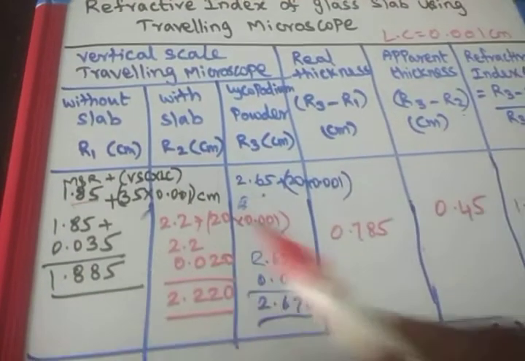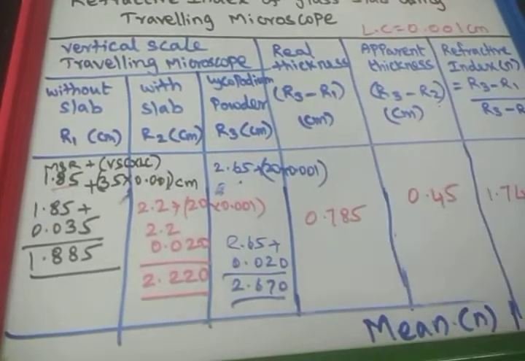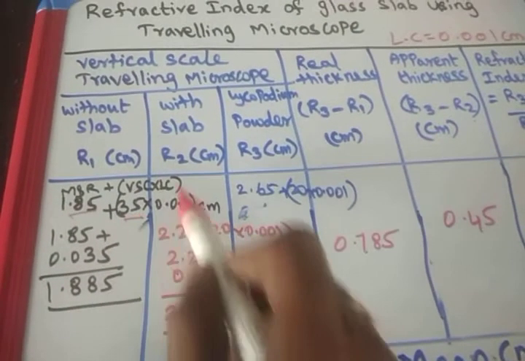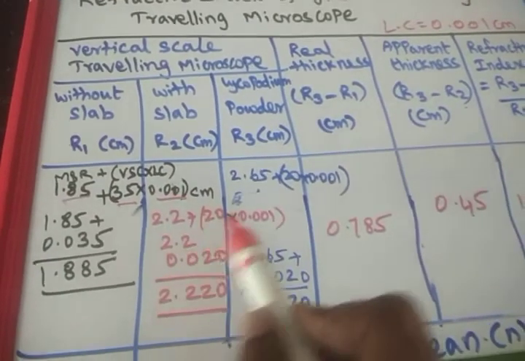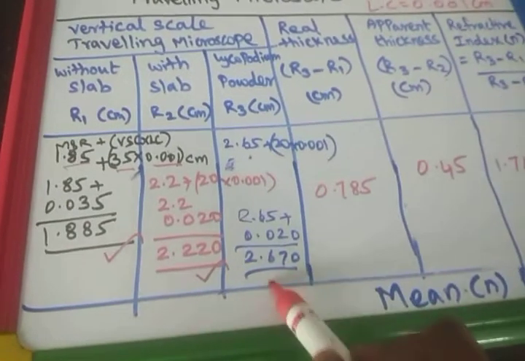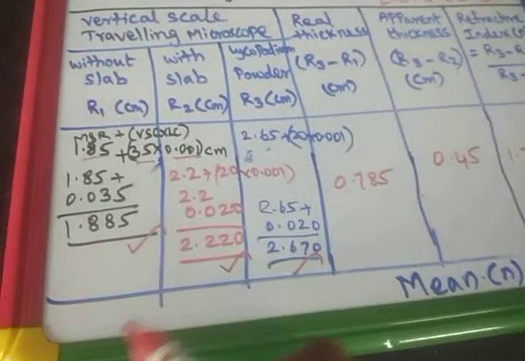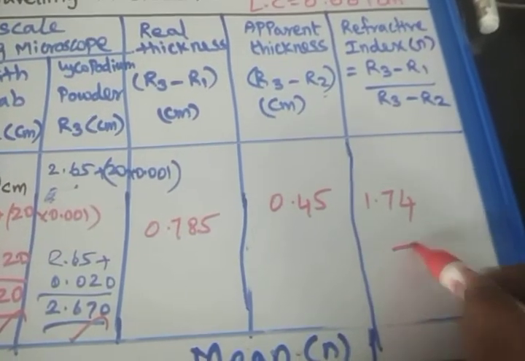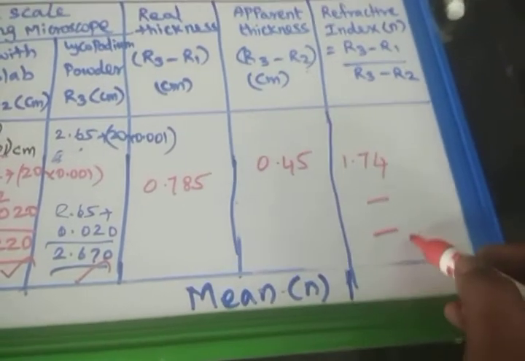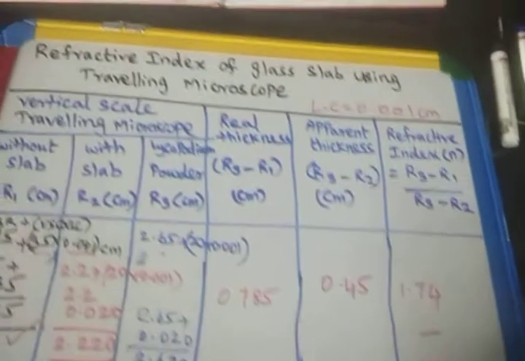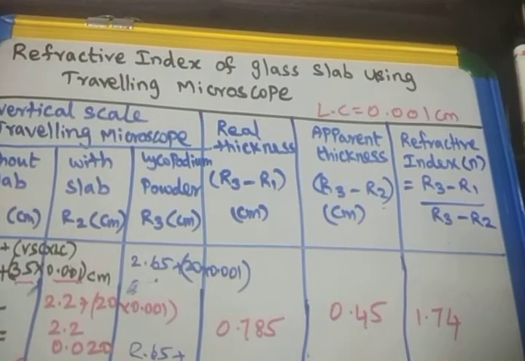Then in the vernier scale, the division coincident with a main scale division is 35. The vernier division times the least count of 0.01 centimeter gives the value. Then take trials again to get different readings and take the average. We get the refractive index of the glass slab using the traveling microscope.